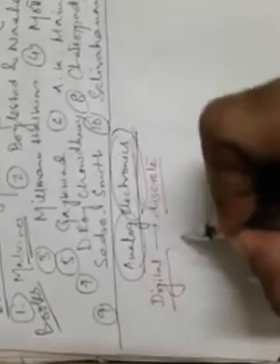Suppose 1, 2, 3, 4. Between 1 and 2, 2 and 3, 3 and 4, there are many such values, in fact an infinite number of values. Since they are interleaved, one apart from the other, between them there can be a large number of values.